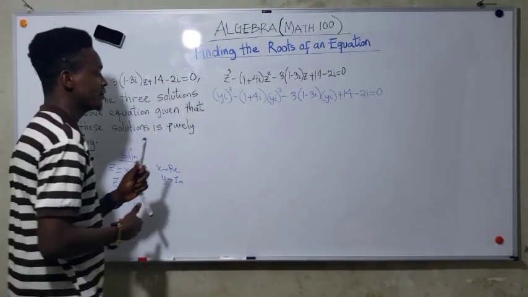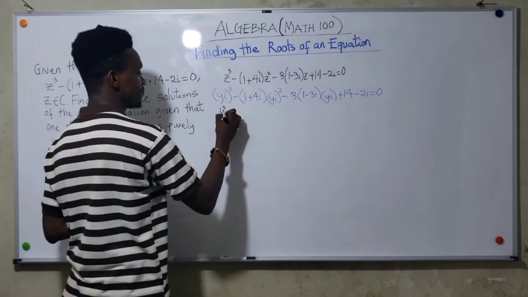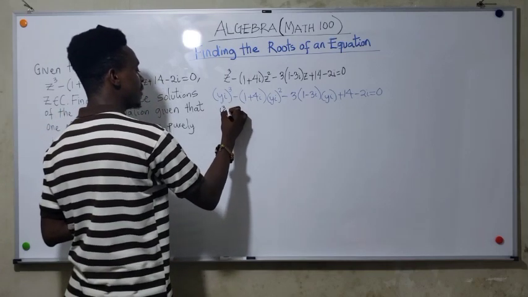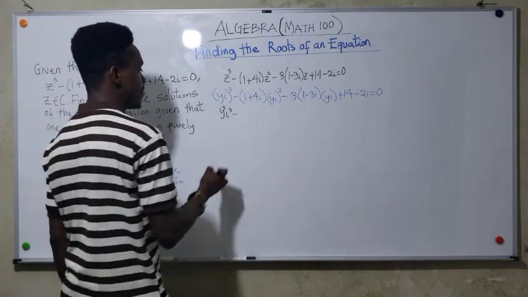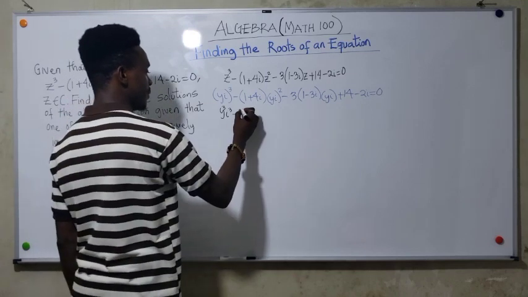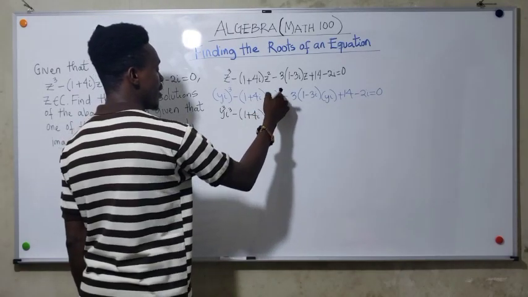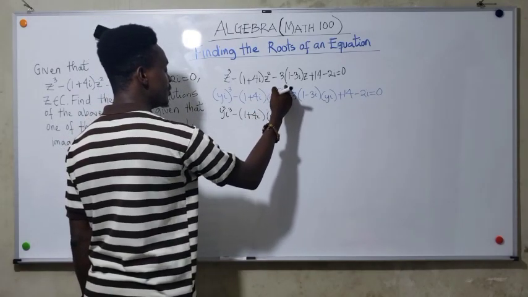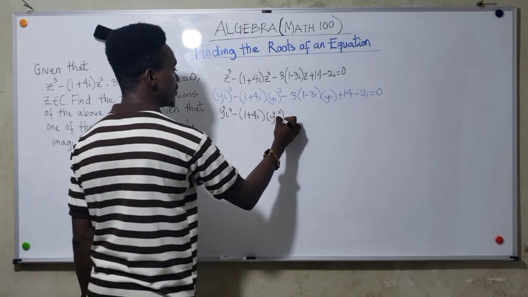We can simplify. y raised to the third power is y cubed, and i raised to the third power is i cubed. Minus, again simplify, (1 plus 4i) y squared, where y raised to the second power is y squared and i raised to the second power is i squared.